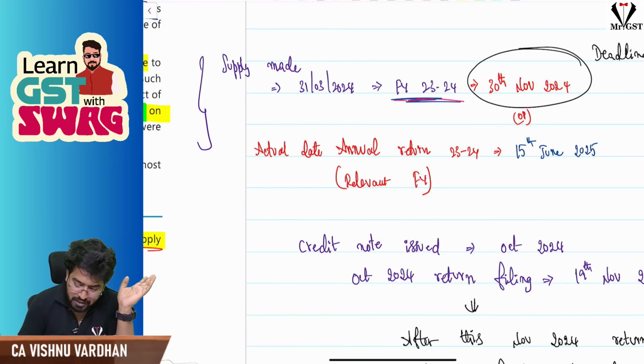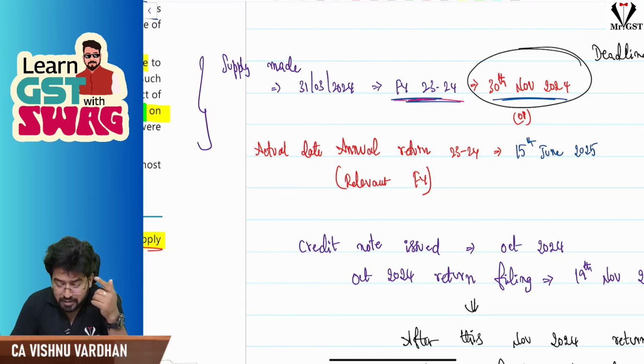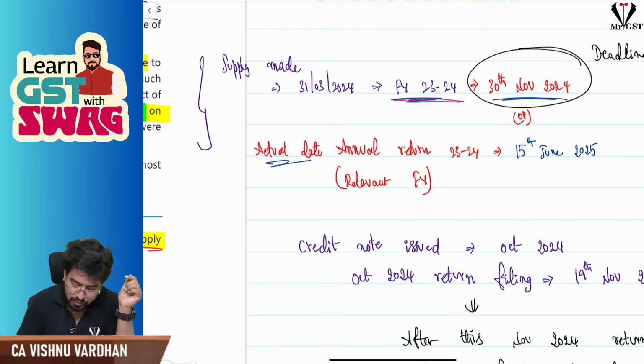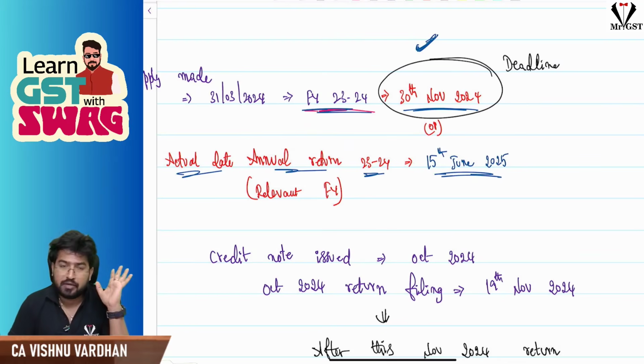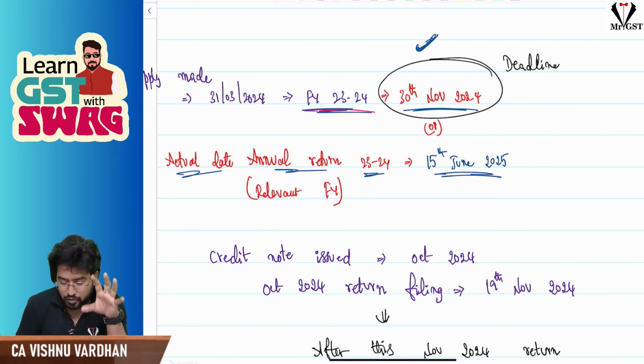So the deadline will be 30th November 2024, or the actual date of filing the annual return, 15th June 2025, whichever is earlier. So 30th November 2024 is the deadline by which you should give the credit note details in the GST return. Listen carefully, the answer is not yet over.